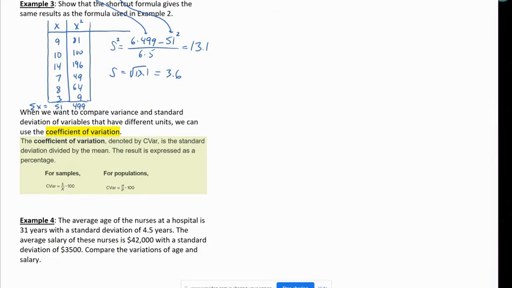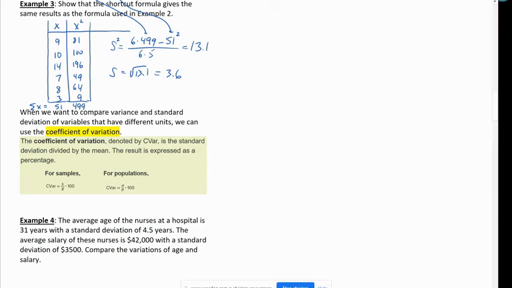There's also another measure called the coefficient of variation, and we use that when we're comparing things that don't have the same units. If we want to see which of 2 different samples has more variance, we want to do that as a percentage of the distance from the mean rather than the actual distance from the mean. Because if you're comparing things with 2 different units, then it doesn't make sense to talk about the variance or the standard deviation.